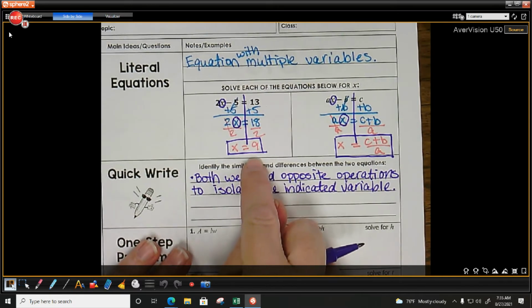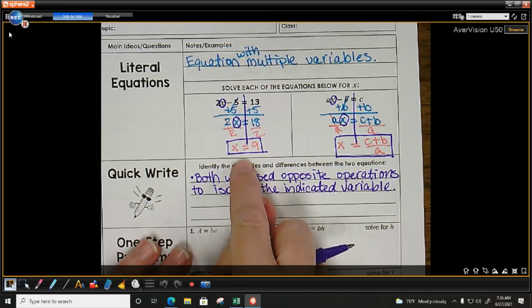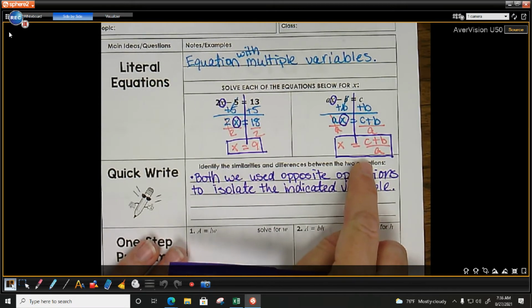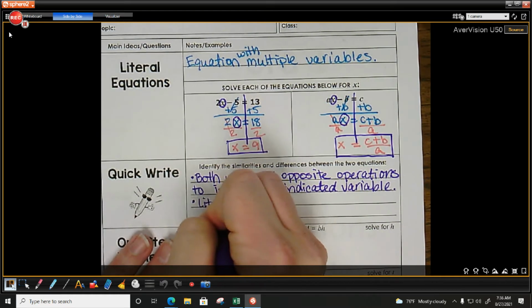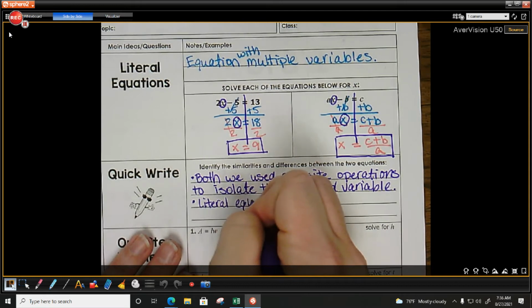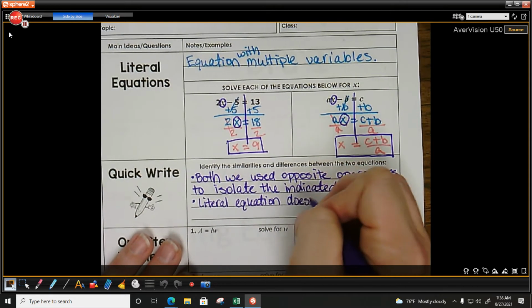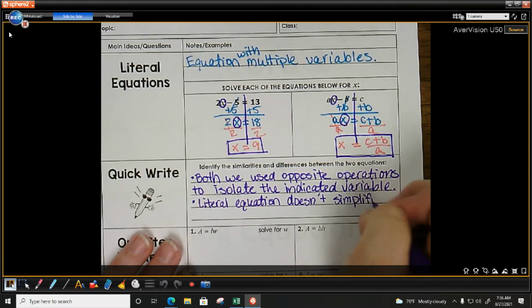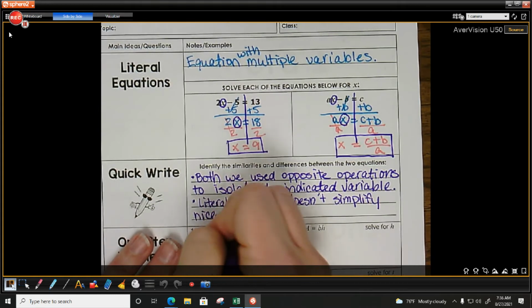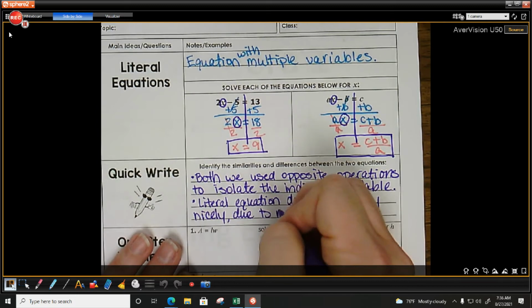This answer looks... So this one looks nice and pretty, right? Simplified. This one looks kind of messy, right? So the literal equation doesn't simplify nicely due to multiple variables.